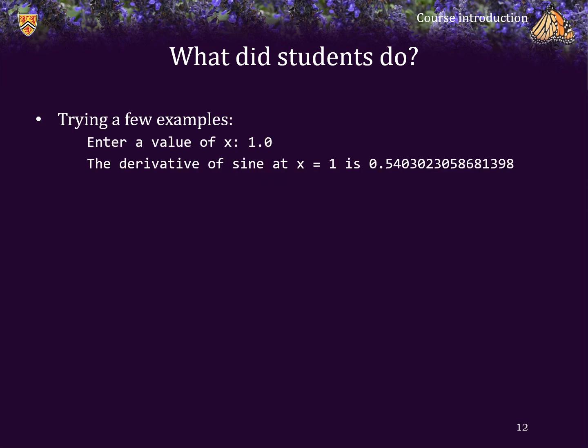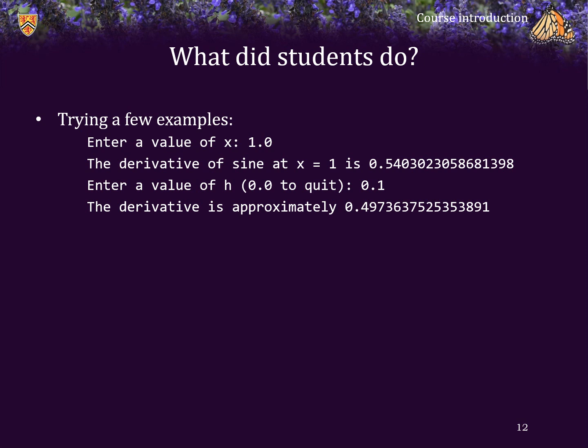Let's try some examples. Here I wrote a very simple function that asks you for the value of x. And then it prints the derivative of sine of x by calculating cosine of x. So that is a reasonable 16-digit approximation of the derivative of sine of x at x equals 1.